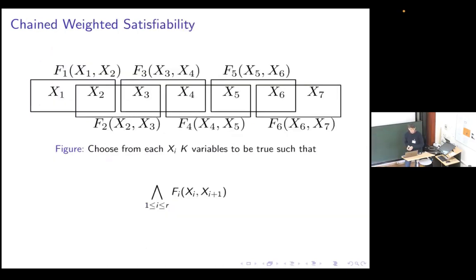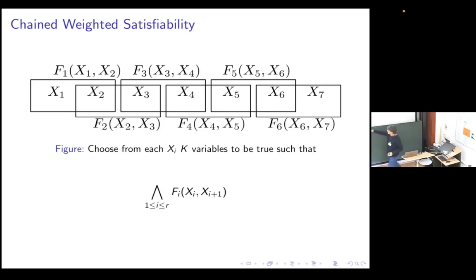And from that we go to weighted satisfiability, chained weighted satisfiability. So it's again a satisfiability question, where the formula is still in CNF. But my formula is of a chained form, because I have lots of sets of variables. From each of the sets of variables, I can choose k variables to be true, and all the others are false.